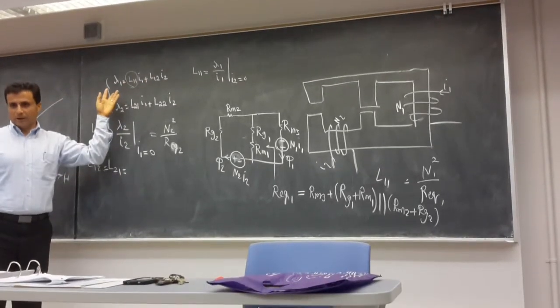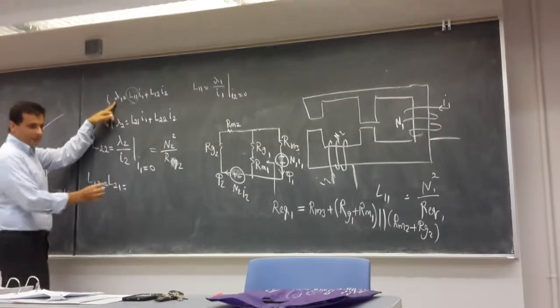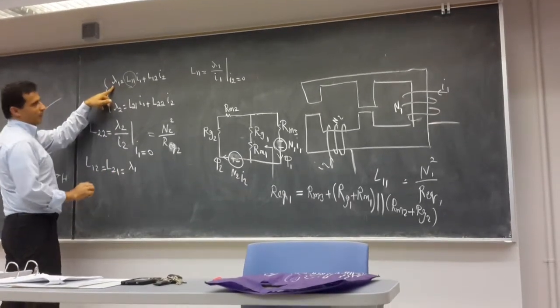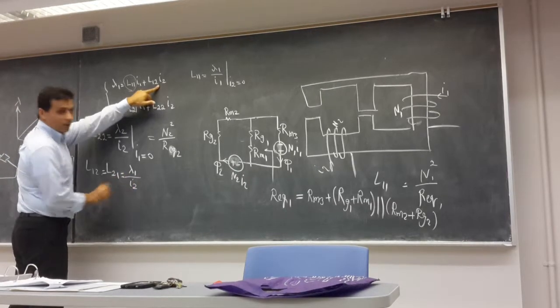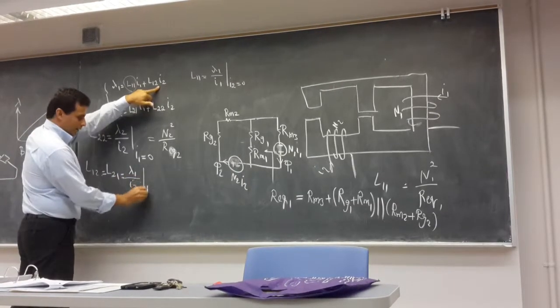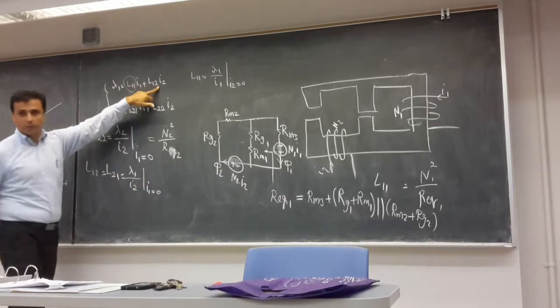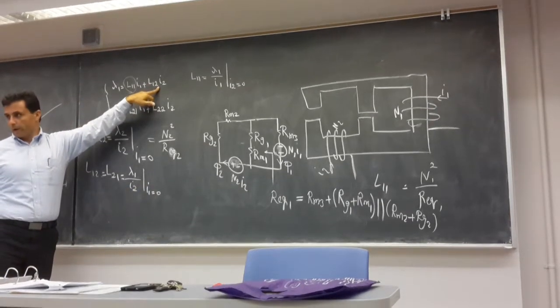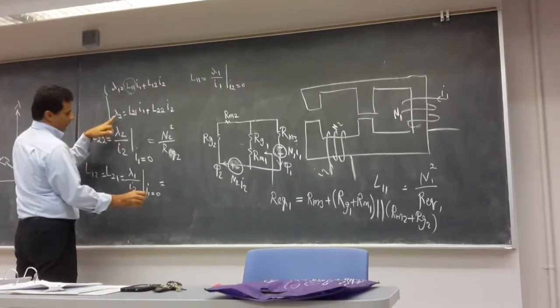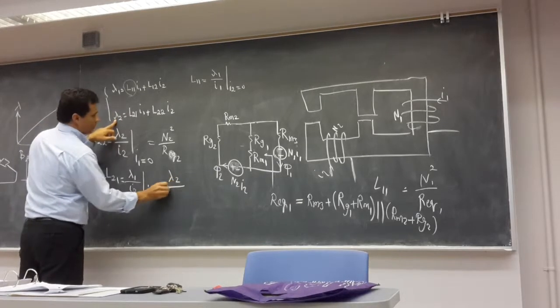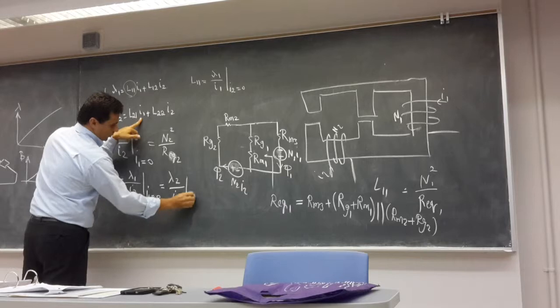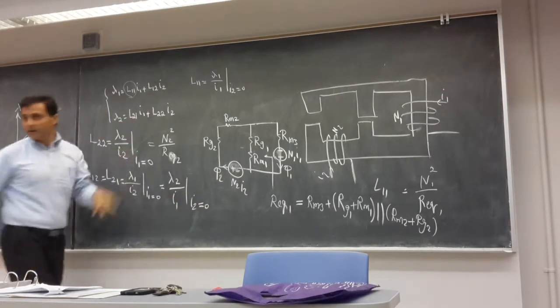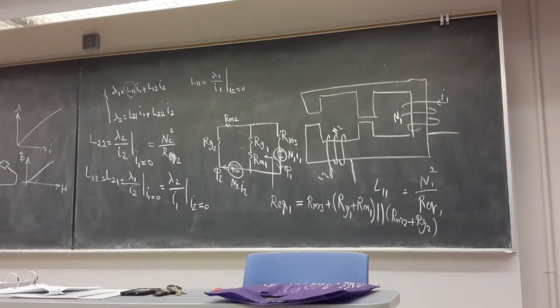You can say it is lambda 1 over I2 when I1 is equal to 0, or you can say lambda 2 over I1 when I2 is equal to 0.